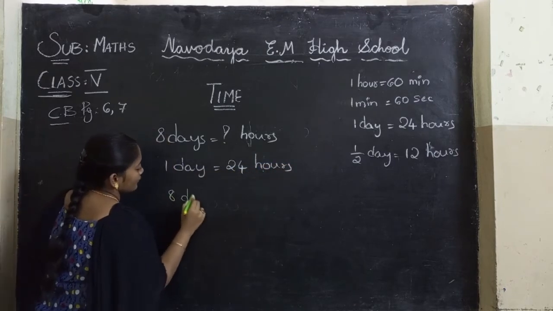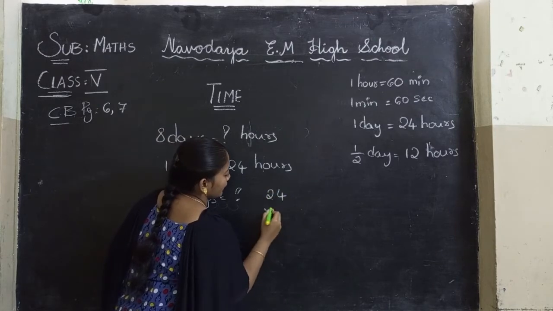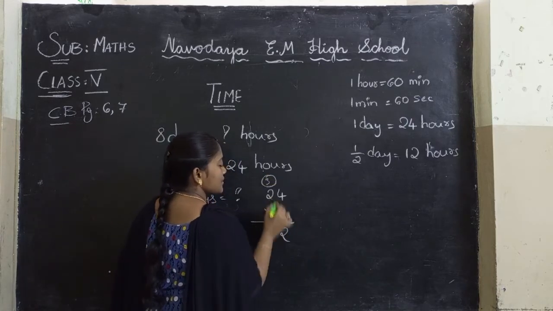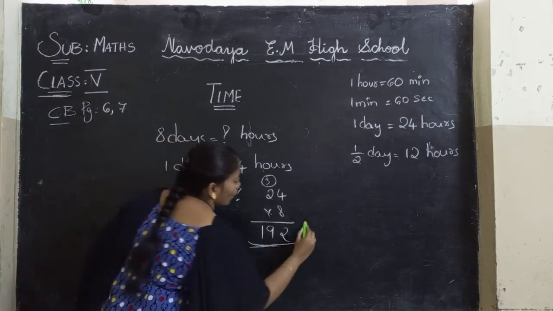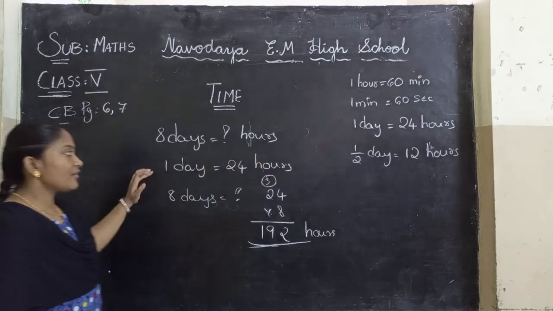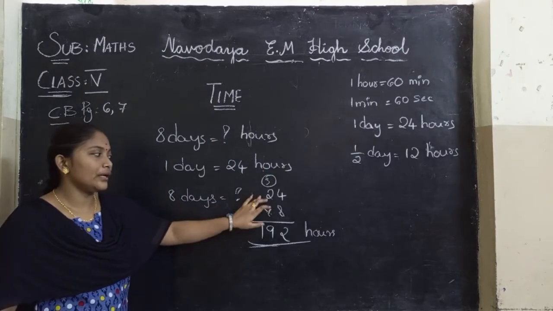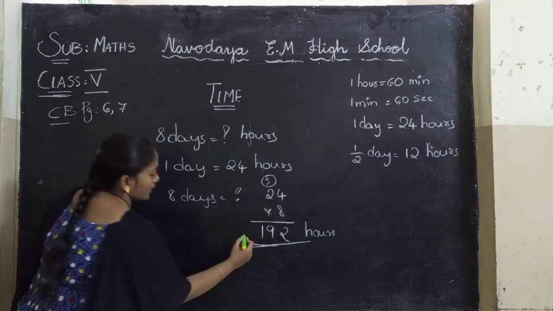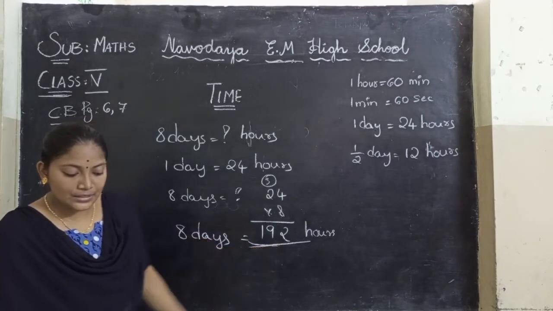So for 8 days, 24 into 8 is 192. For 8 days, 192 hours are there. Now see the next example.